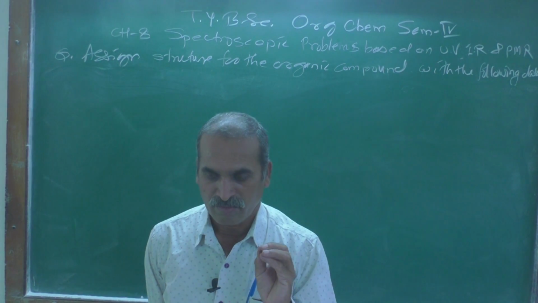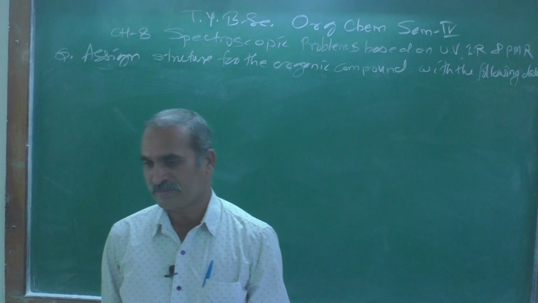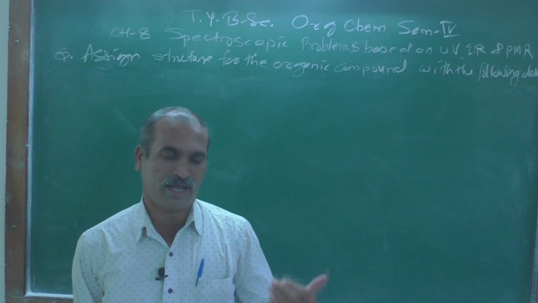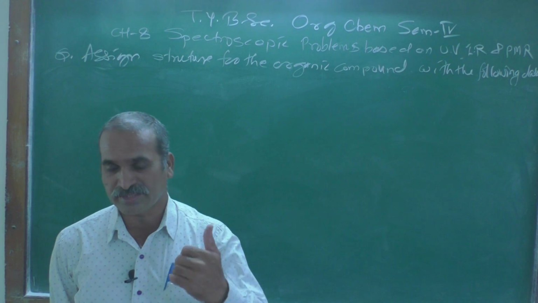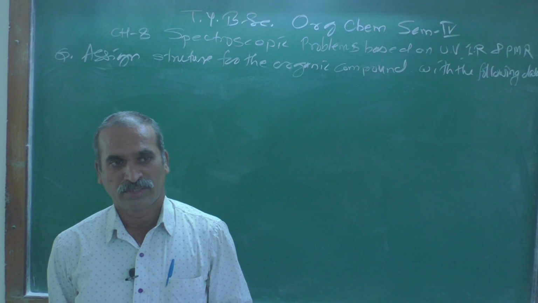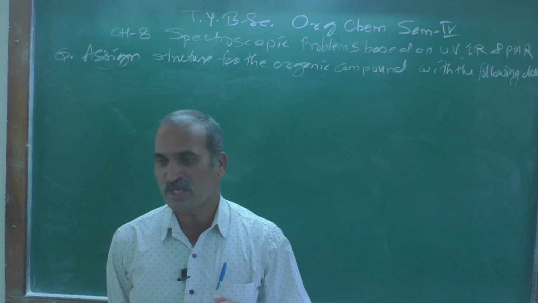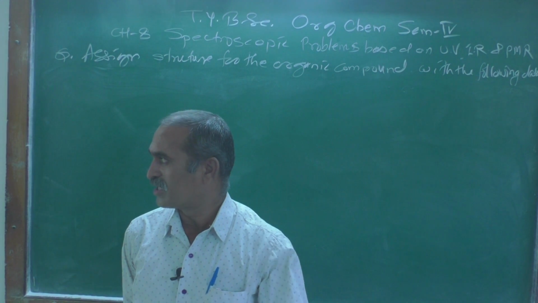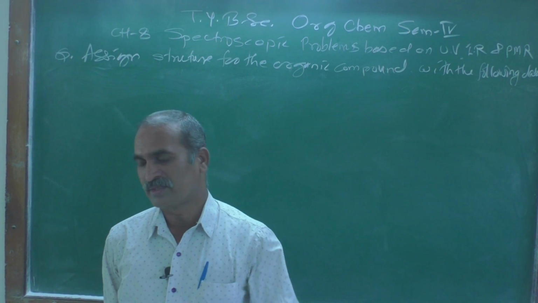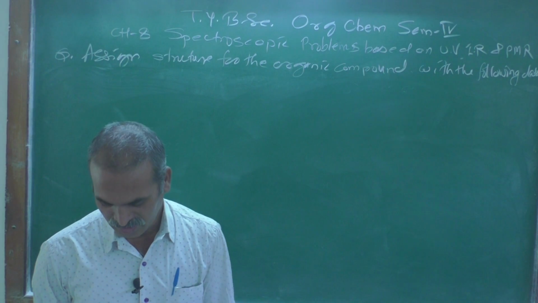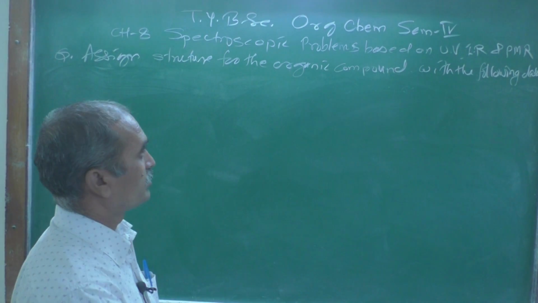They provide us the data of UV, IR and NMR, and from that data, by thinking logically, we can predict the correct structure of the organic compound.